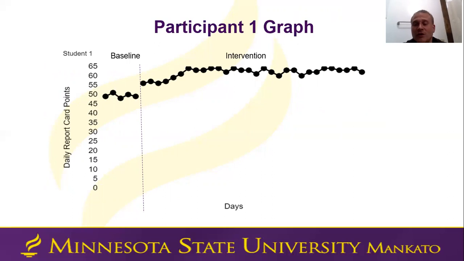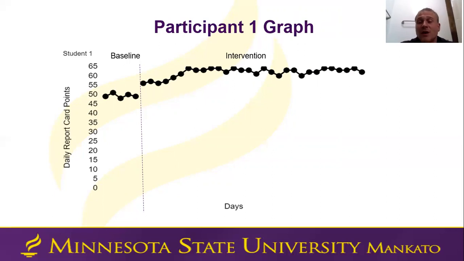Now, as we move into the intervention phase, if you remember correctly, participant 1 did not meet that goal of 60 to 64 for 5 consecutive days in the first 5 days of the intervention. So as you can see, those first 5 data points in the intervention, participant 1 fell below our goal of 60.